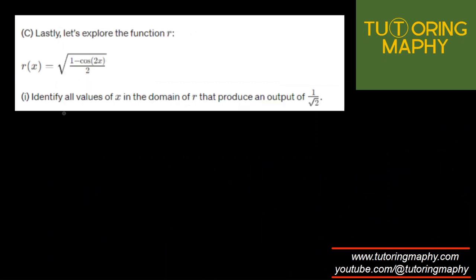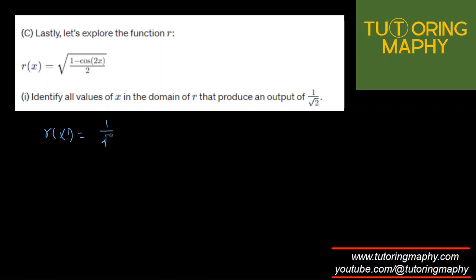Okay, now another function r is given, which has a radical and cos of 2x, etc. They want us to solve for all the values of x. So mind it, they're asking for a general solution for which the output is 1 over root 2, which means that the value of r is 1 over root 2. Let's do that.